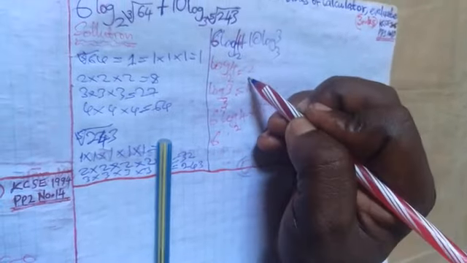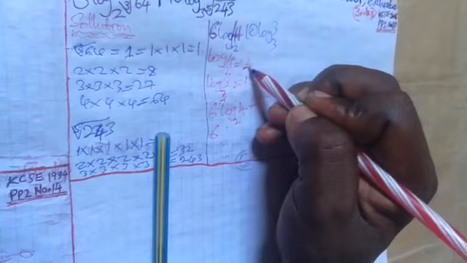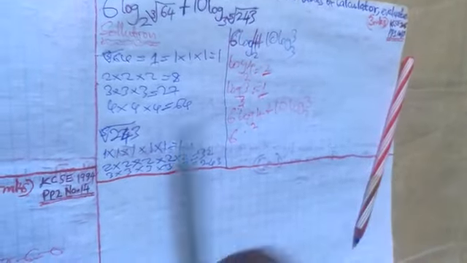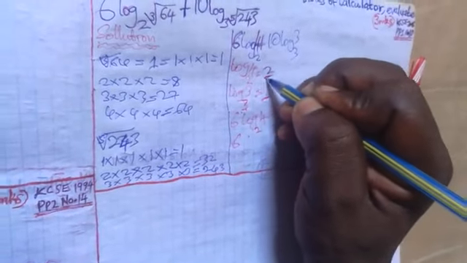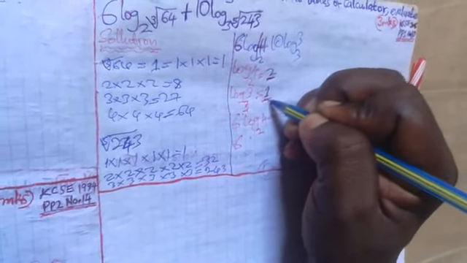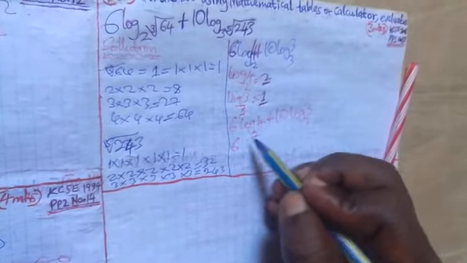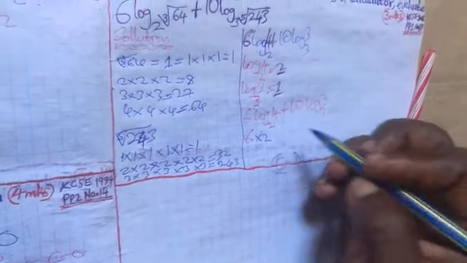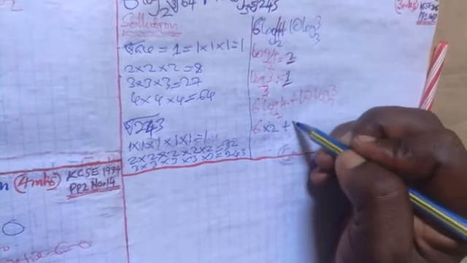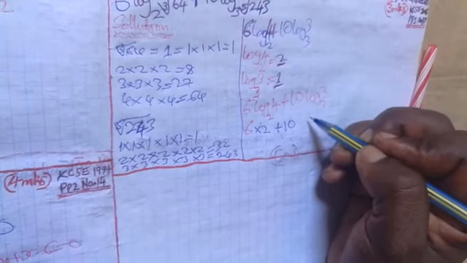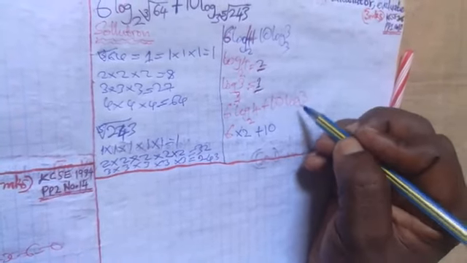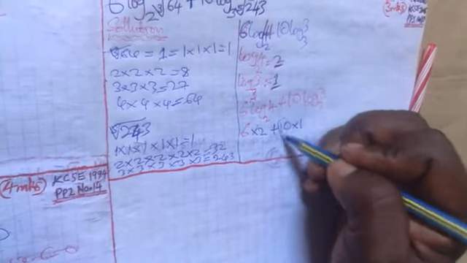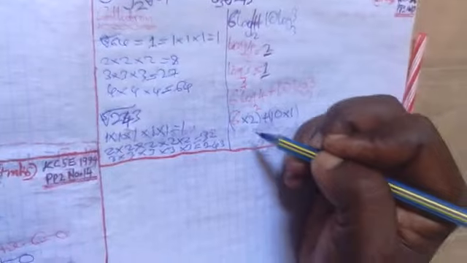Now we are going to use the values we have gotten. This will be 6 multiplied by 2, plus 10 multiplied by 1, since log 3 base 3 is 1.